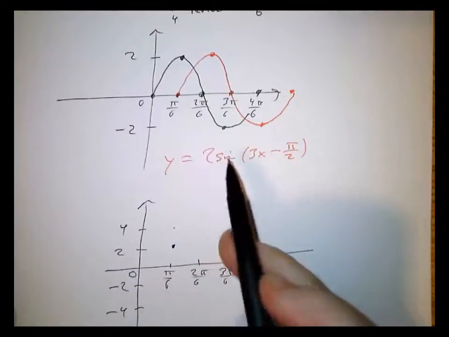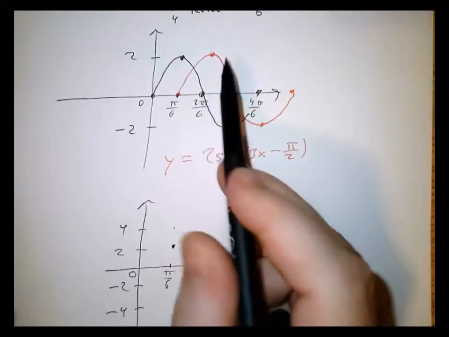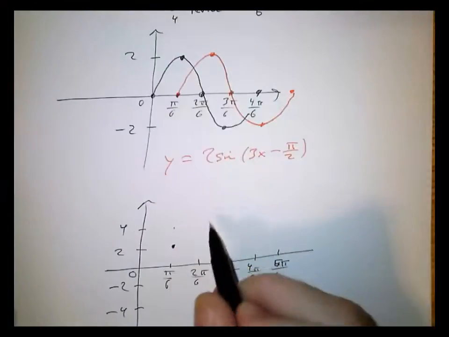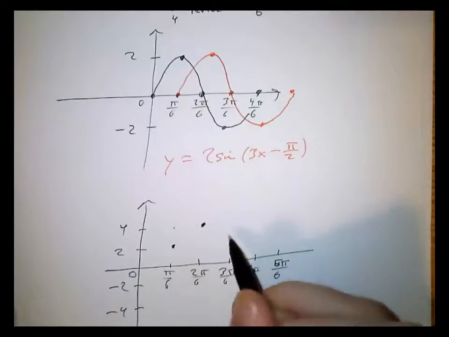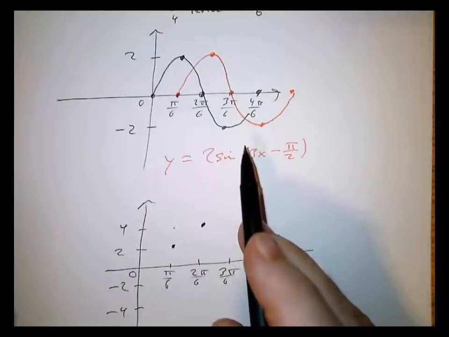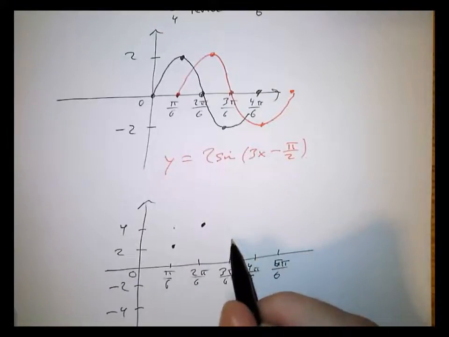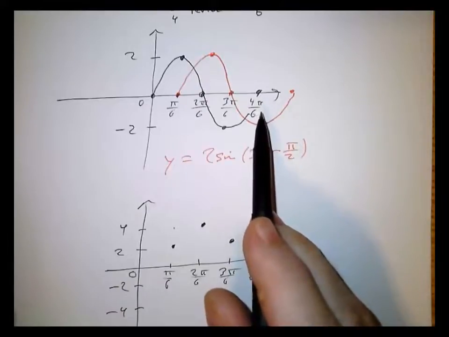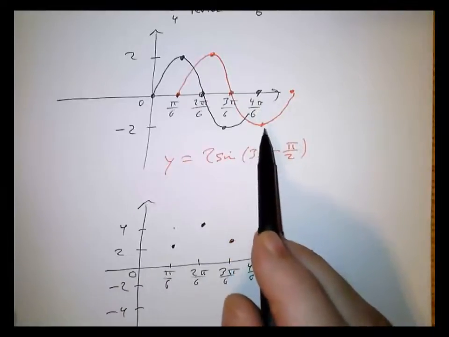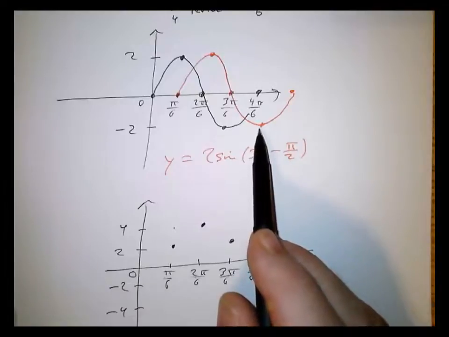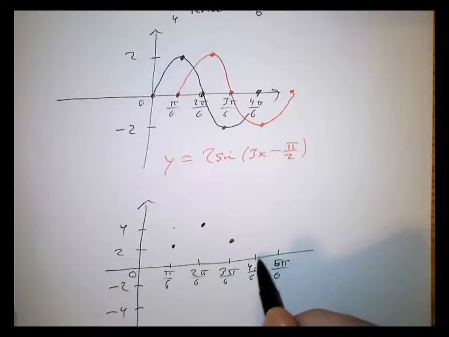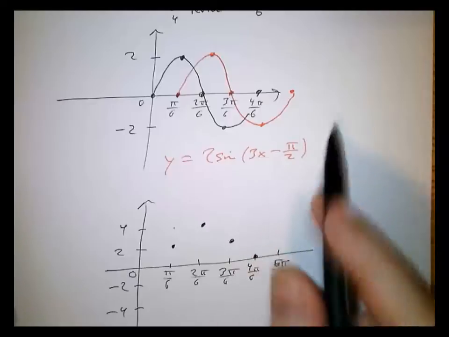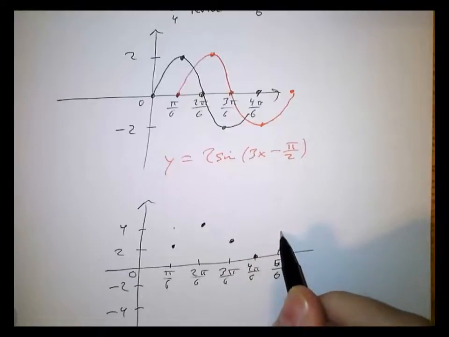And then at 2 pi over 6, instead of being at 2, I'm going to be up at 4. And then at 3 pi over 6, instead of being 0, I'm up at 2. At 4 pi over 6, instead of being at negative 2, I add 2, I'm at 0. And then at 5 pi over 6, I'm back to 2.